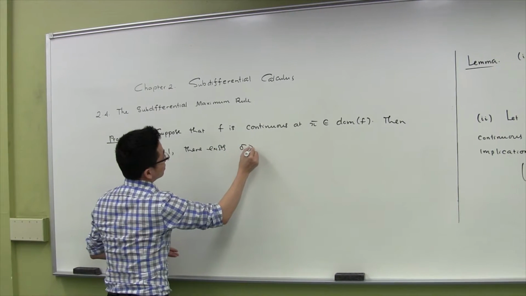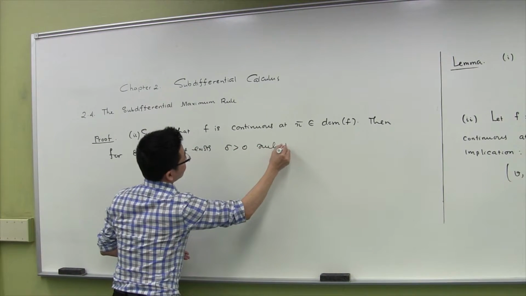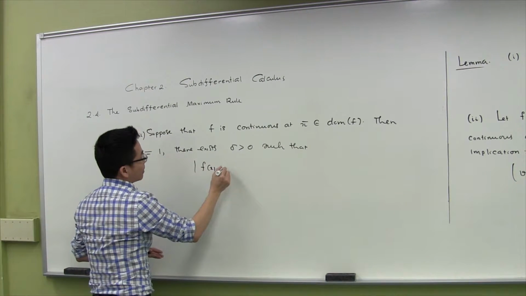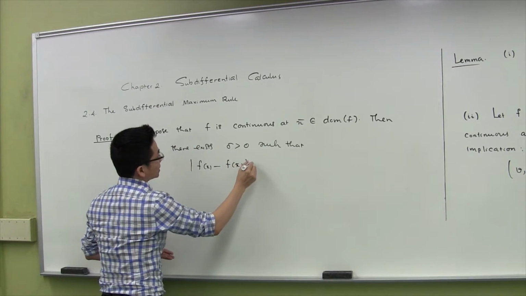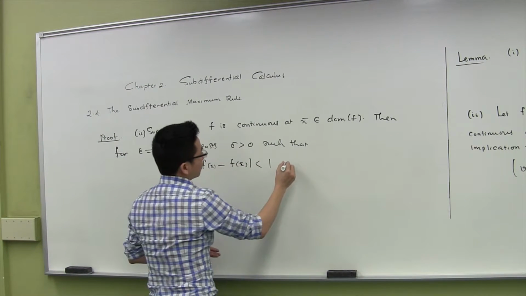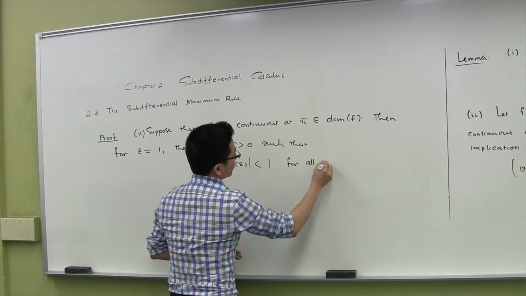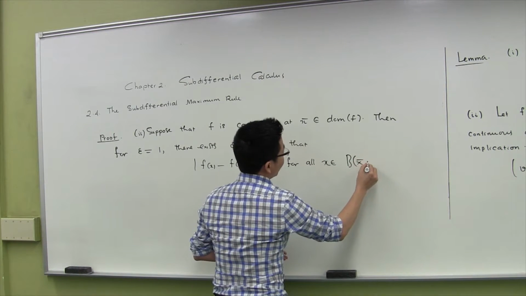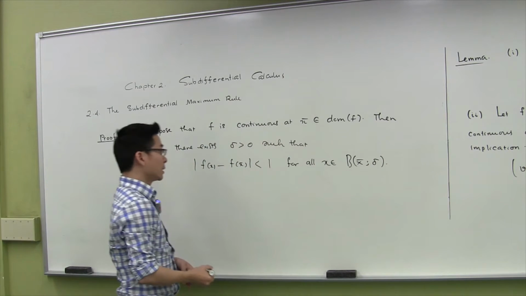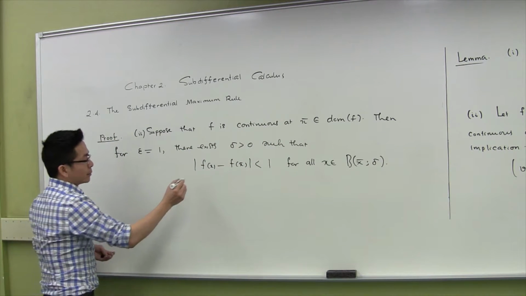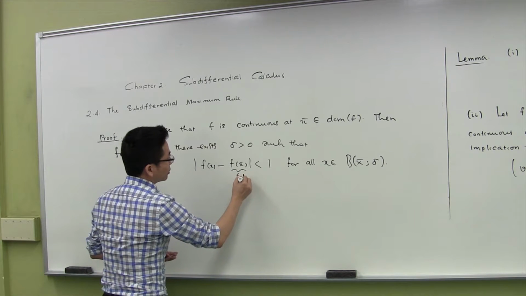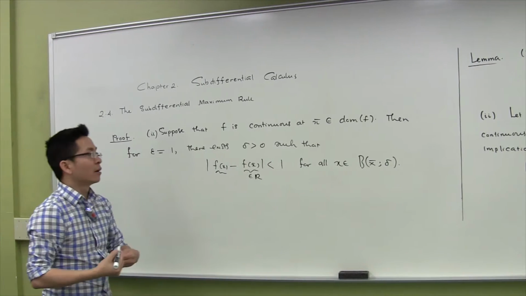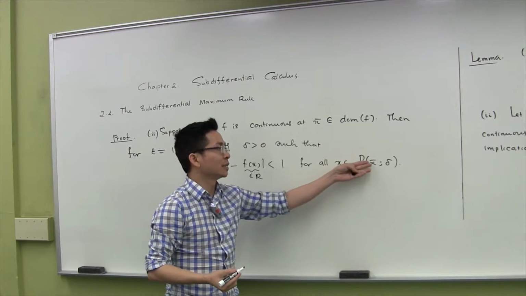delta greater than 0 such that the absolute value of f of x minus f of x bar is less than 1 for all x in the ball with center at x bar and radius delta. So from here, because f of x bar is a real number, f of x has to be a real number for whatever x in this ball.